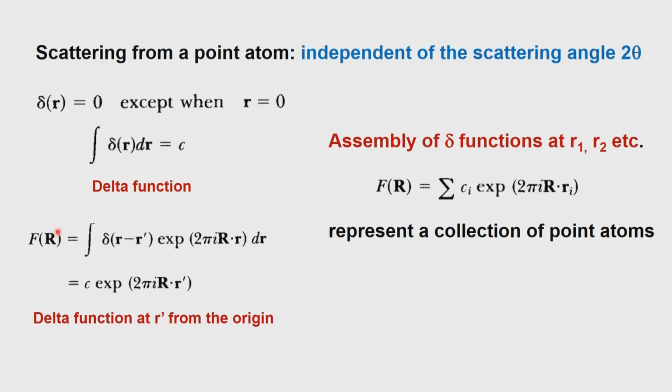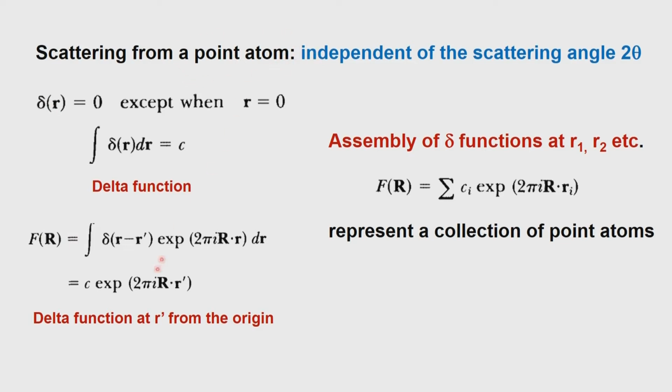So this therefore now gives us the expression for the structure factor. So if we consider a delta function which is at the origin, we get this expression. Delta function is a special case of f of r essentially, and therefore we now define f of r in the following fashion. So this happens if we have a point atom.